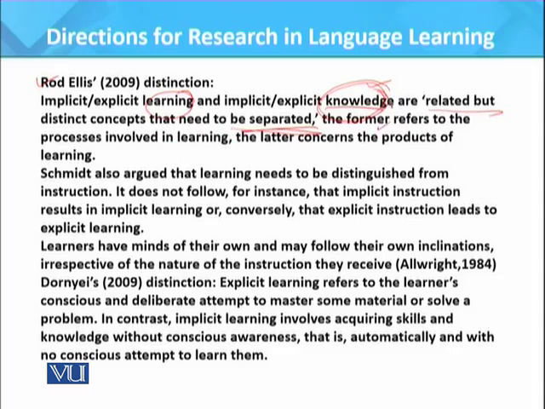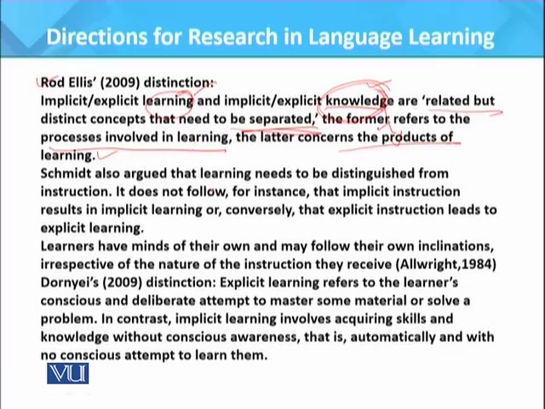Why? Because the former, learning, refers to the process involved, and the latter refers to the product of learning. So it is the outcome which is determined by the knowledge, and when we are talking about learning, we are talking about the process.